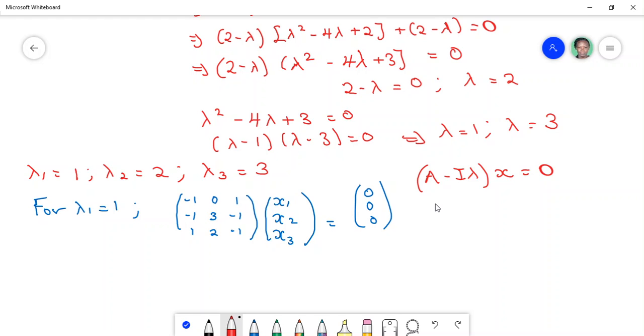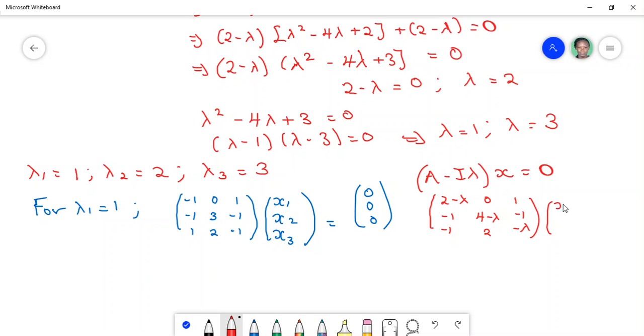The initial A was 2 minus lambda, 0, 1. We had minus 1, 4 minus lambda, then minus 1 here. Then I had minus 1, 2 minus lambda.